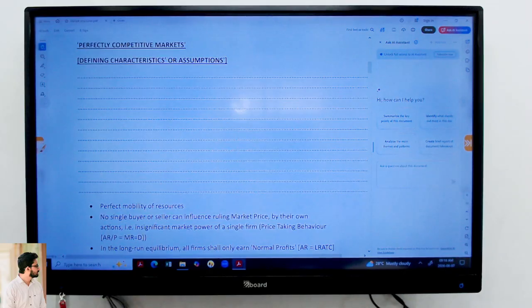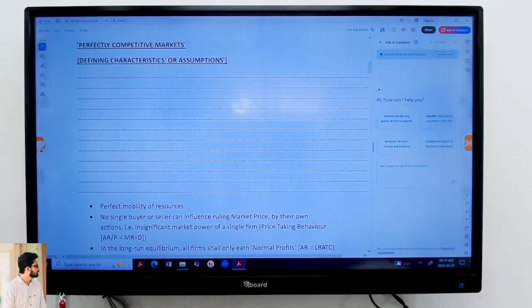Even though we discuss perfectly competitive markets with their characteristics, which I'll explain next day, it is very difficult to find a 100% perfect example of a perfect competition market which has all the characteristics that I'm going to give you. If I give you the 10 characteristics, it's very difficult to find a market which has all of them. Did you get what I said?